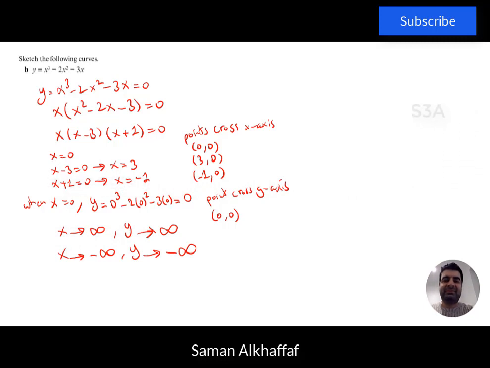And in terms of the points where it crosses the x-axis and the y-axis, this is how it would look. We would have the point 0, 0, which is the origin where it crosses the x and y axes, and we have the point 3 and 0, and we also have the point minus 1 and 0, and these are the points where it crosses the x and y axes.